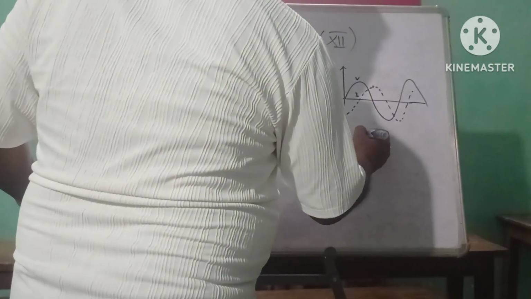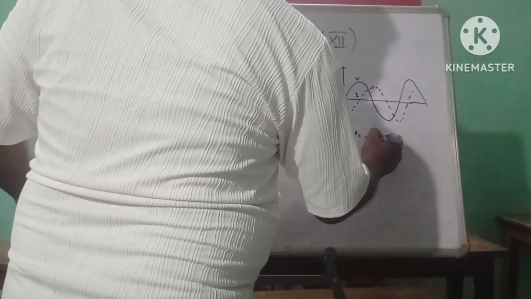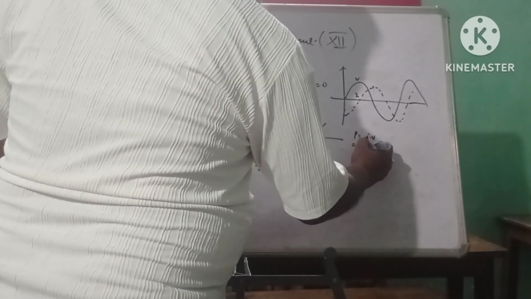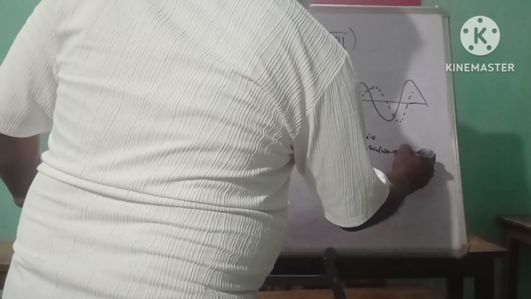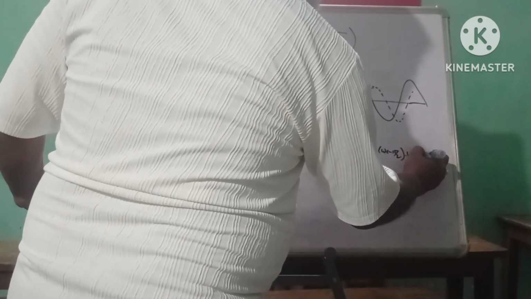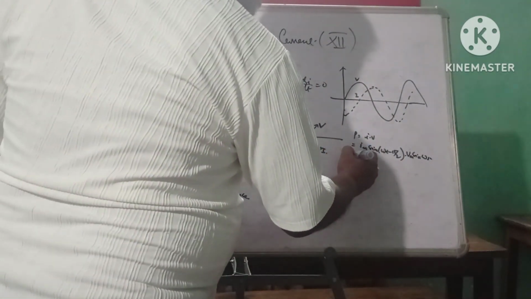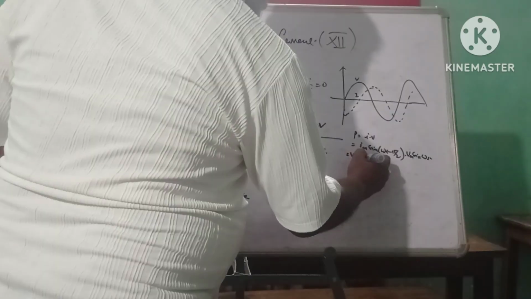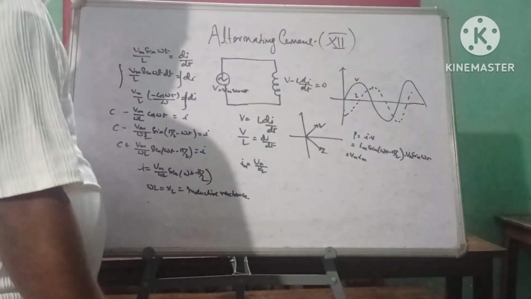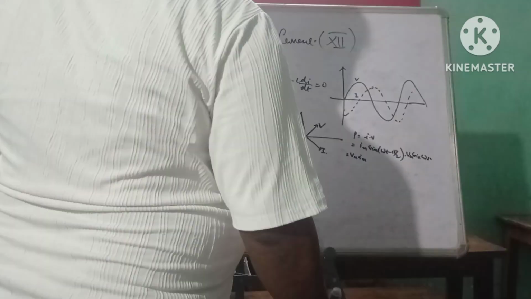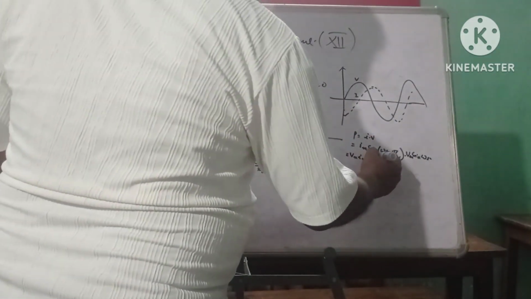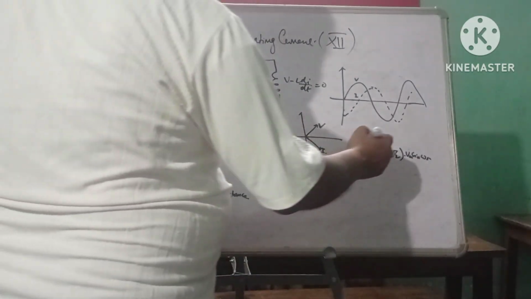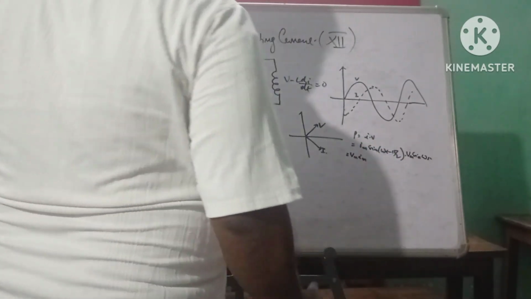Your P is equal to IV. So I is Im sin(omega t minus pi by 2), and V is Vm sin omega t. So here this will be Vm Im sin(omega t minus pi by 2).